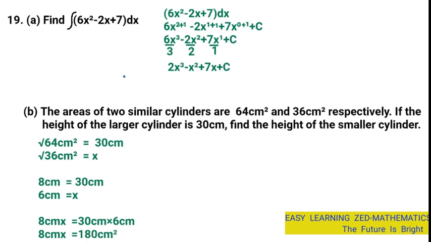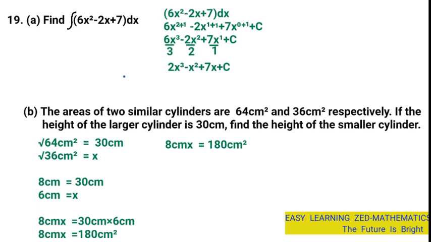Now, because of space, I'm going to write it up there. Then what we're going to do here is divide 8 centimeter x by 8. We want to remain with x alone, so that we can find the exact value of x, and that will be the height of the smaller cylinder.